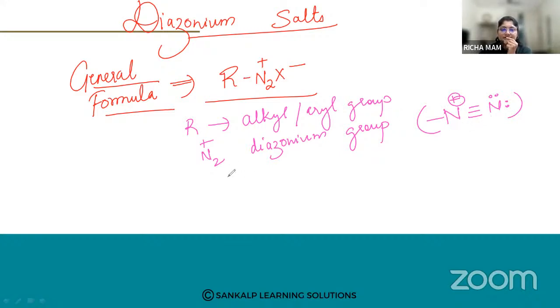X minus can be Cl minus, Br minus, HSO4 minus, BF4 minus, etc. So this is about diazonium salts. The nomenclature and the other things we will discuss in the next class.